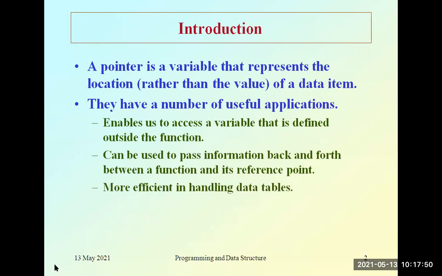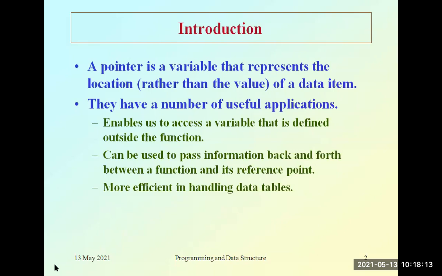So here, the applications are that it enables us to access a variable that is defined outside the function. If you define it outside the function also, we can access that variable. It can pass information between a function and its reference points.